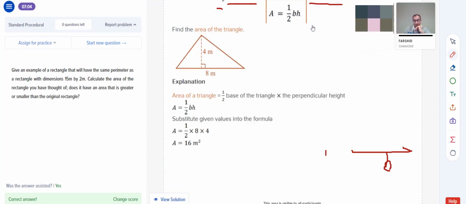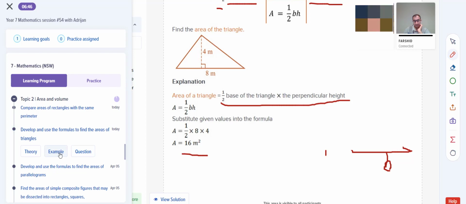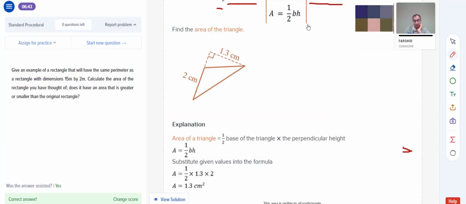How about this example? Find the area of the triangle. The area of a triangle is half of the base multiplied by perpendicular height. So half of the 8 multiplied by perpendicular height, which is 4, is 16 square meters. If you look at the second example, the base is 1.3 and the perpendicular height is 2.